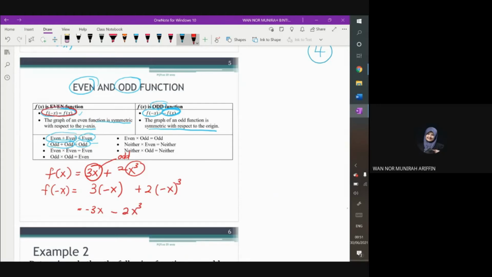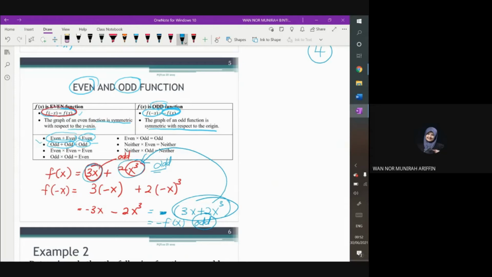So this part is odd and this part is also odd, and my final solution is negative of (3x plus 2x cubed). This means you have the negative of the original f(x), so the result is odd. So this statement is true: odd plus odd function equals odd function.